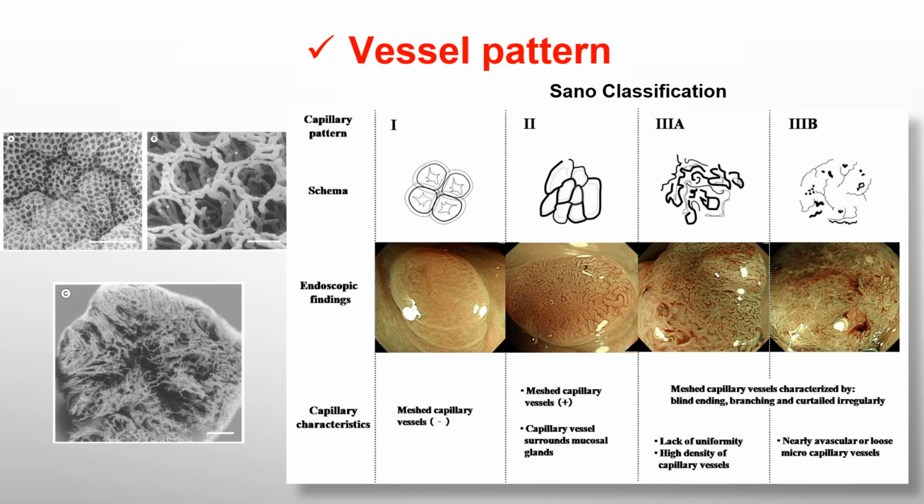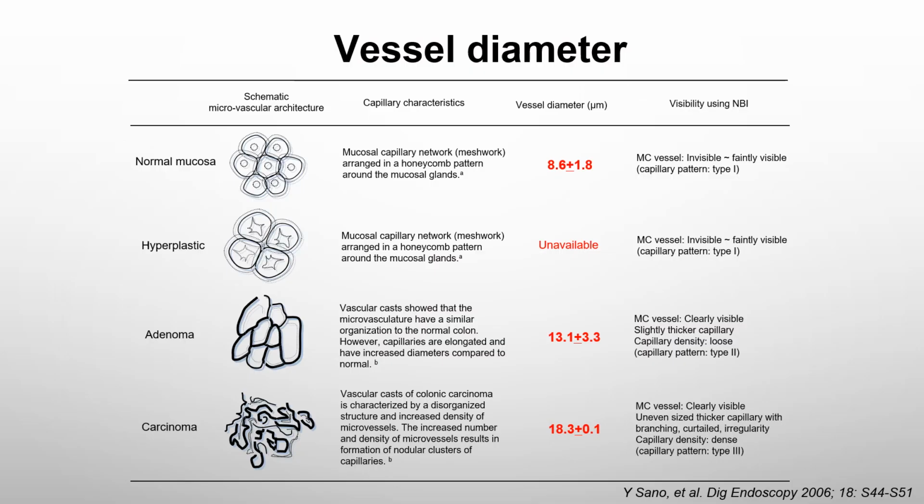Vascular structure is known to vary with tumor type and depth. It has been reported that the vascular diameter is larger in adenoma than in normal mucosa, and in carcinoma than in adenoma.